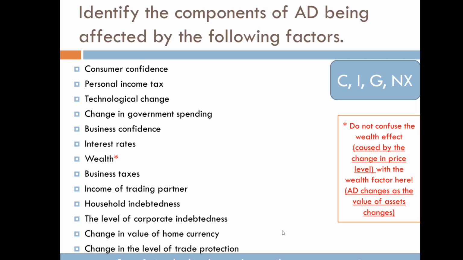If that's the case, China's NX is going to go down, and you will see for China, AD will shift to the left because of such a thing going on. But indirectly, in the U.S., when they are imposing tariffs, they are going to receive tax revenue because a tariff is just a tax.